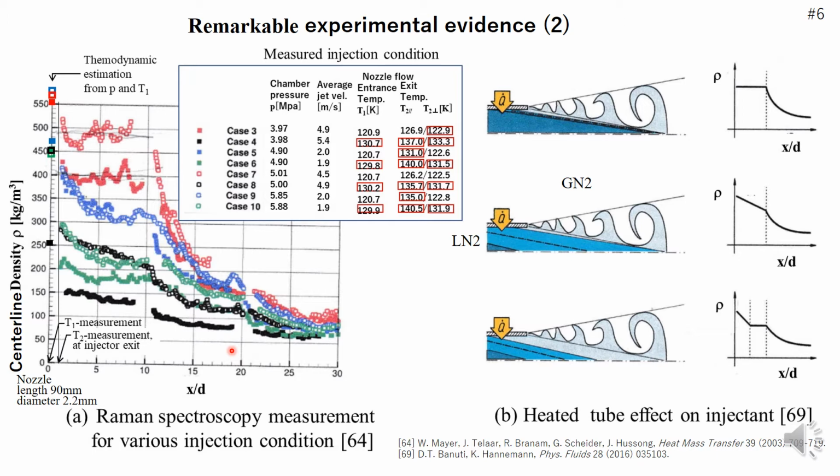This suggests that the phenomena intrinsic to real gas effect strongly emerge in the vicinity of the injector. It is notable that the near-injector behavior is significantly different depending on the injector entrance and end temperatures. It suggests that there is a certain temperature between 120 K and 130 K at which the supercritical fluid behavior changes from liquid-like to gas-like.